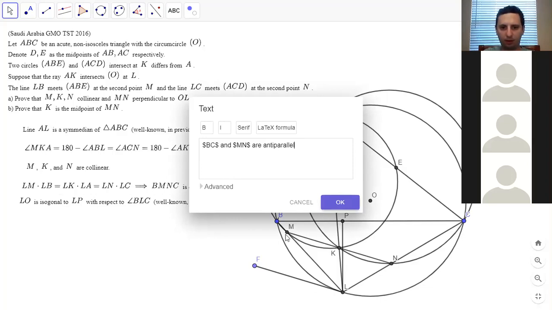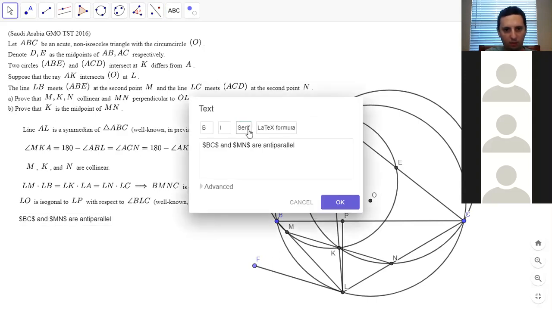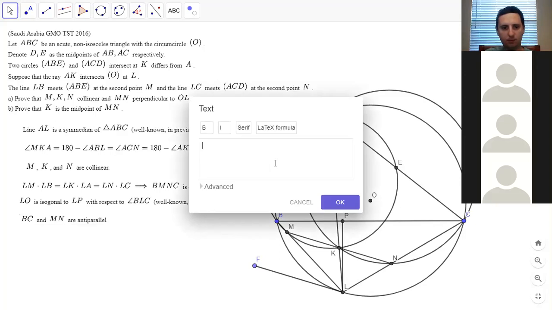So basically the angle between MN and LO, I'll write it like this, is equal to the angle between BC and LP, which is 90.